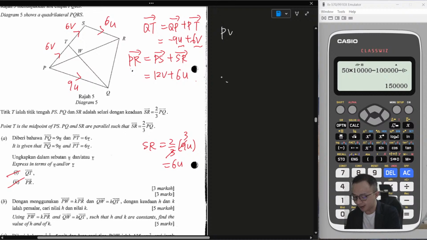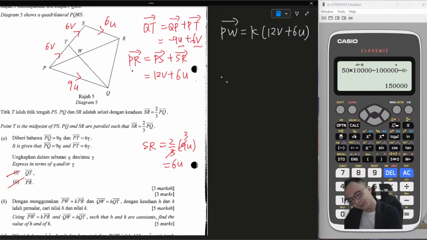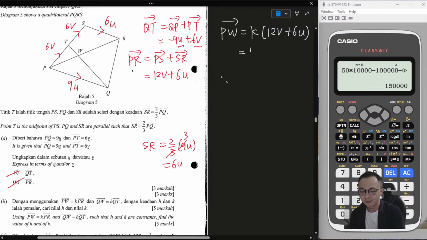So PW equals K of PR, 12V plus 6U. This is 12KV plus 6KU.